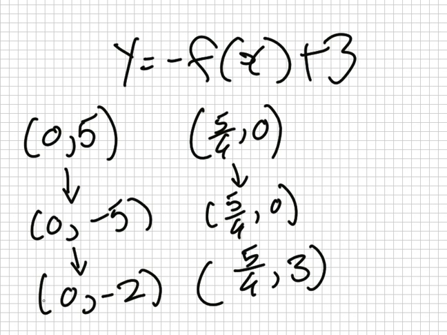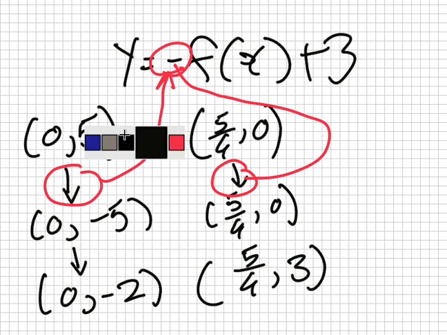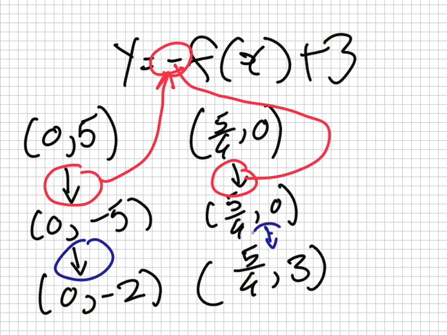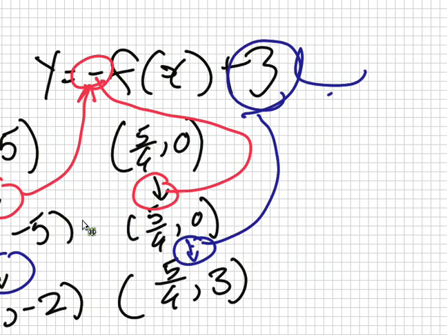Right. So what I did here was the minus. I flipped them first. Flipped the points upside down. And then secondly, here and here, that was the plus 3. Okay?